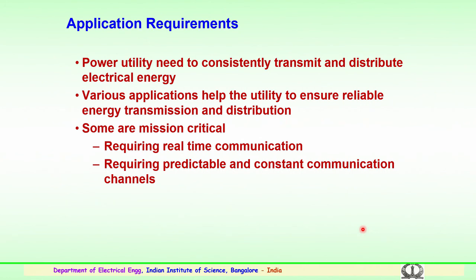Some of the applications are very critical, mission critical, of very high importance. This could require real time communication, important data transfer, and predictable and constant communication channels for the power transfer by the power utility personnel. So, these are very important applications required by the utility engineers.